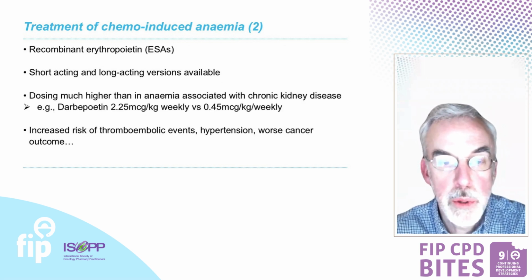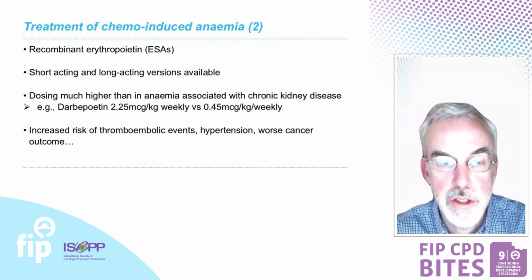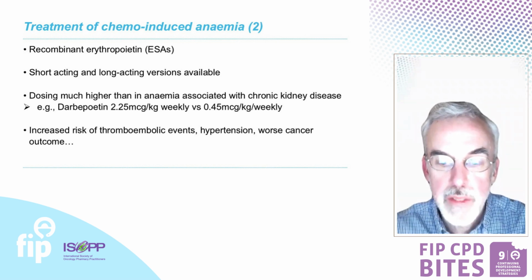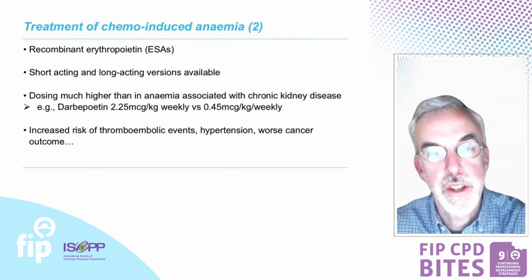The use of erythropoiesis stimulating agents, both short-acting and long-acting versions of the endogenous hormone erythropoietin, is controversial. As well as short-term toxicities such as hypertension and an increased risk of thrombosis, there is concern that they may have a detrimental effect on cancer outcomes.